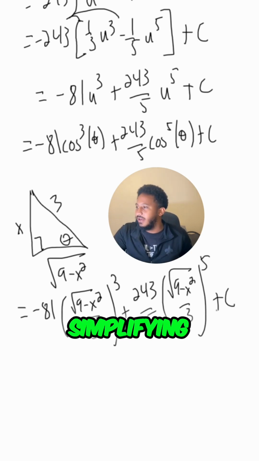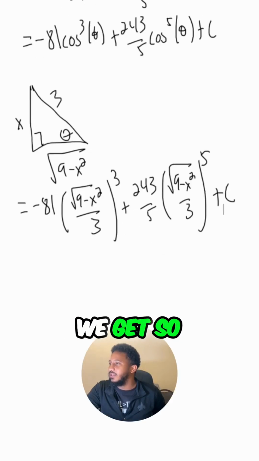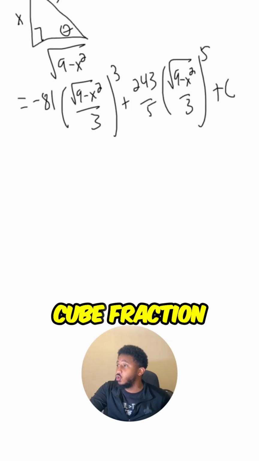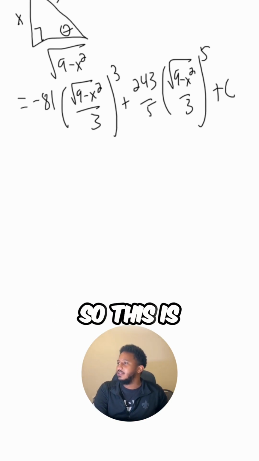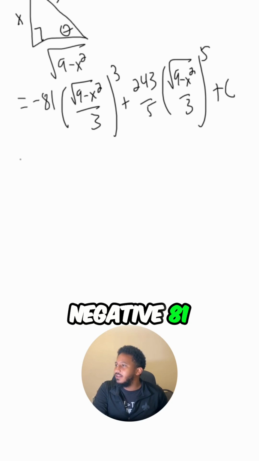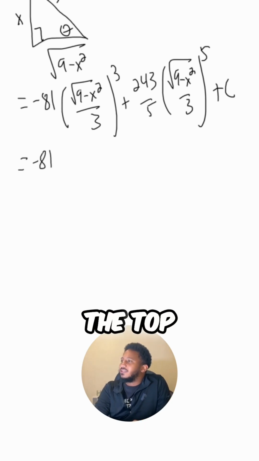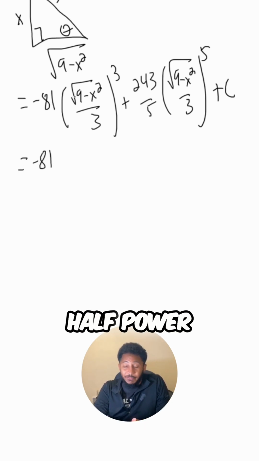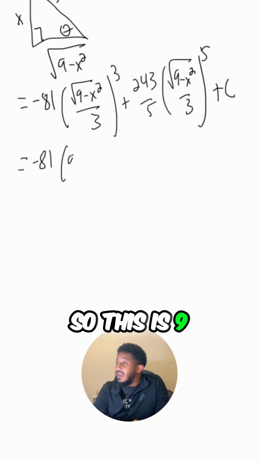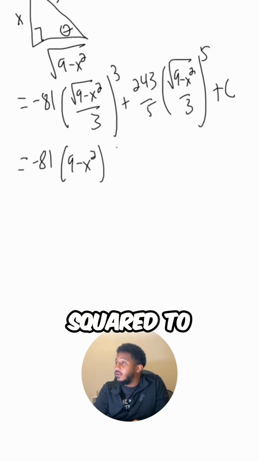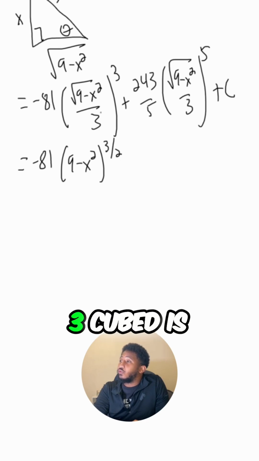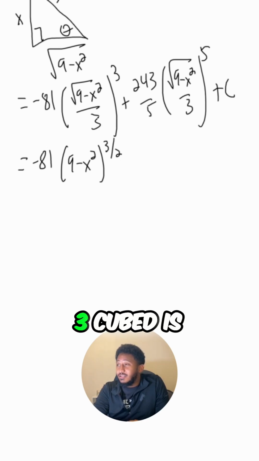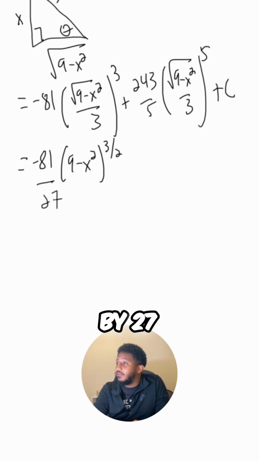Now simplifying: if I cube a fraction, you cube the top and cube the bottom. So this is negative 81 times, cubing the top, the square root is a half power, so 9 minus x squared to the 3 halves, and cubing the bottom, 3 cubed is 27, so divided by 27.